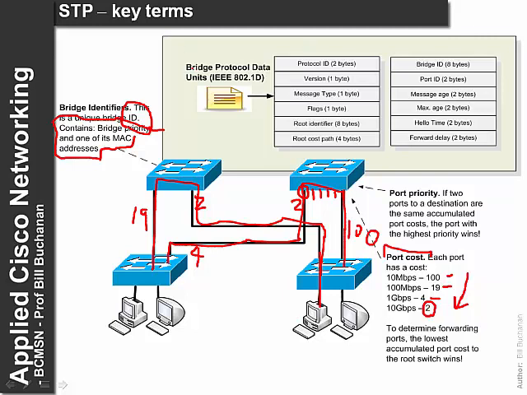Inside the bridge protocol data unit as defined in 802.1D, we have this bridge protocol ID, version number, some flags, the root identifier, which we'll see is important, the bridge ID, port ID, and so on.